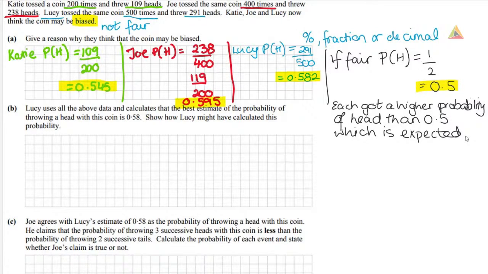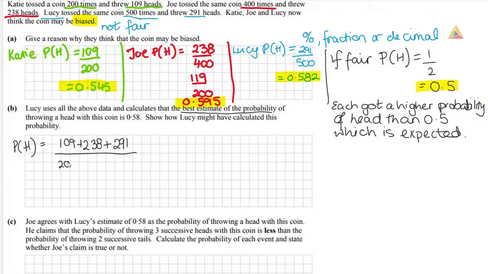For part B, it says Lucy uses all the data and calculates the best estimate of the probability of throwing a head with this coin is 0.58. Show how Lucy might have calculated this probability. So the overall best estimate of the probability of throwing a head would be the number of heads. So there were 109 and 238 and 291 over the total number of throws.